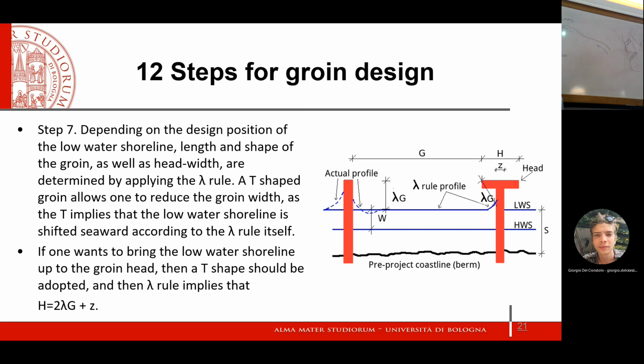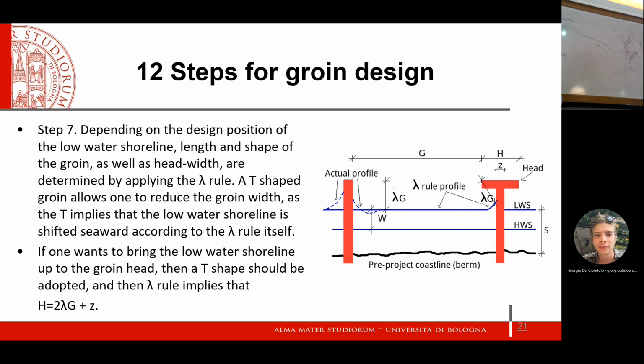Lambda g should be equal to half of the width of the groin plus half of z. So if you basically impose this condition, you obtain the relationship that you see at the bottom of the slide. So H should be equal to 2 lambda g plus z.